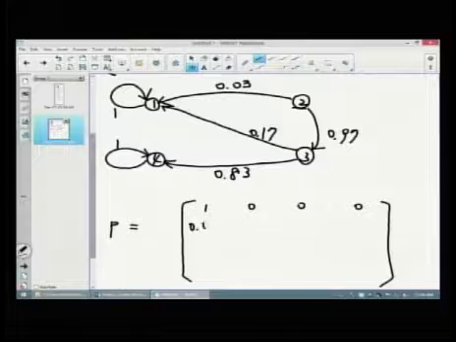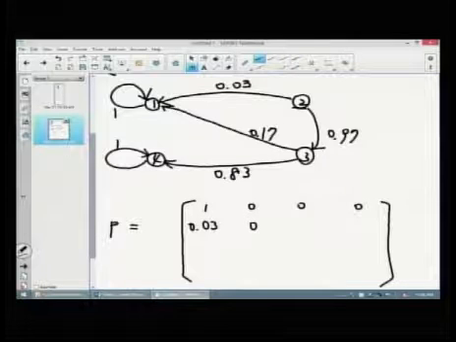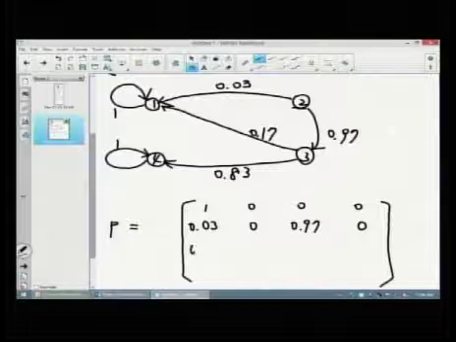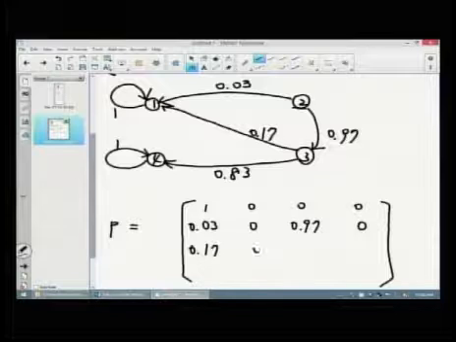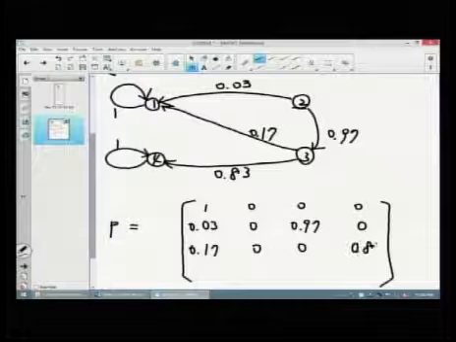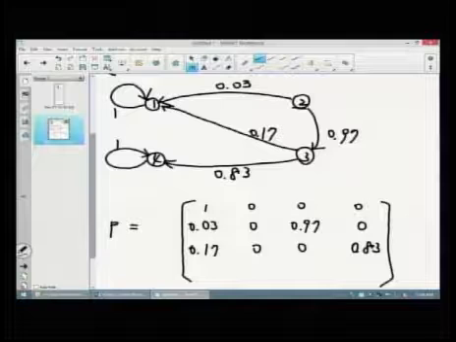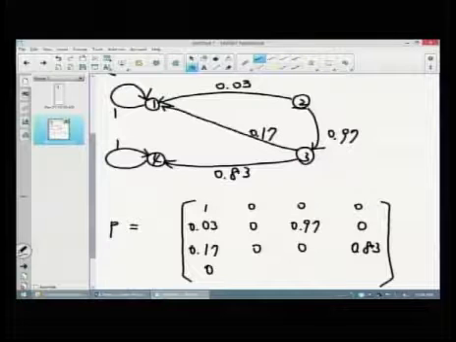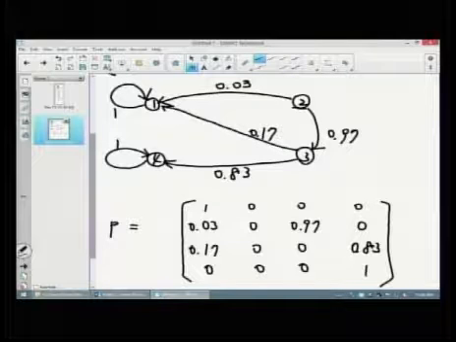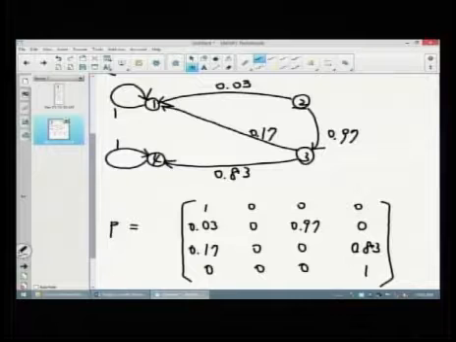And then 0.03, 0, 0.97, and 0, right? 0.17, 0, 0, and 0.83, right? And we have 0, 0, 0, and 1. Is that right? Okay, yes.